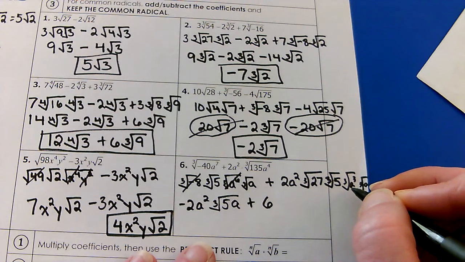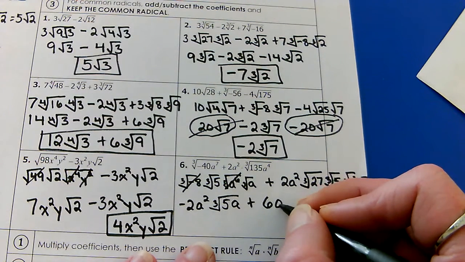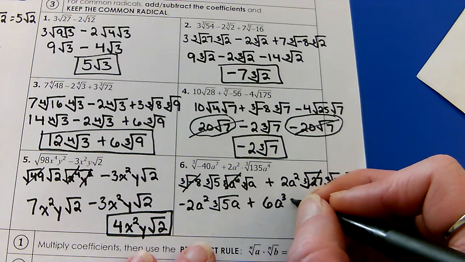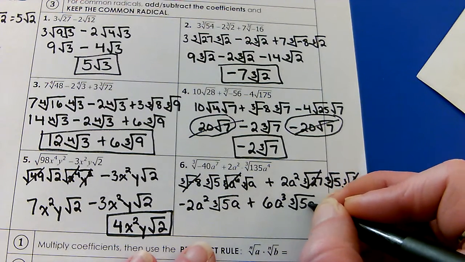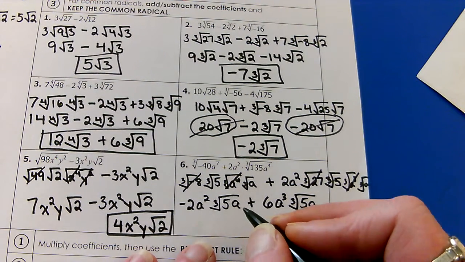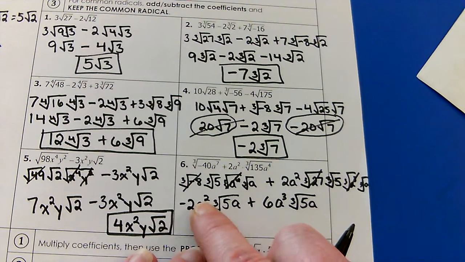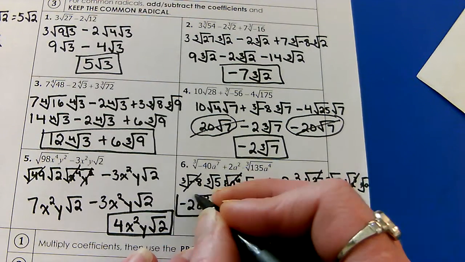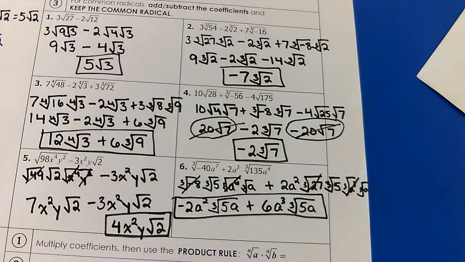Cube root of a cubed is a. A times a squared is a cubed. And what's left under is a 5 and an a. Well, those are like, oh, they're not like terms. Notice this one has an a squared and an a cubed. I cannot combine those.